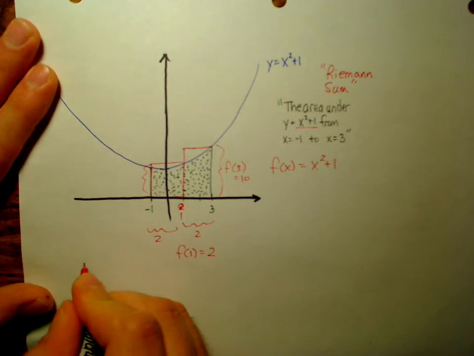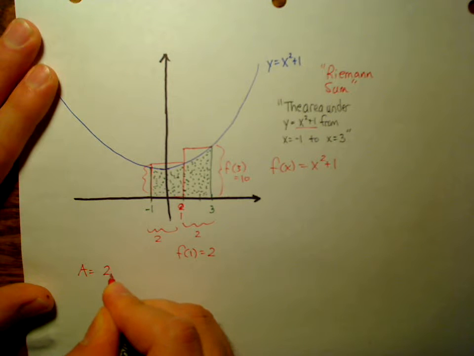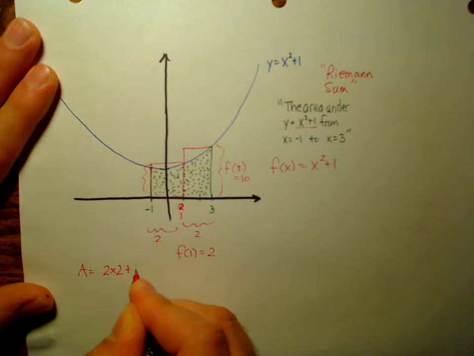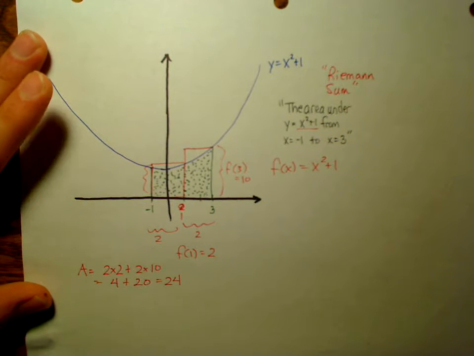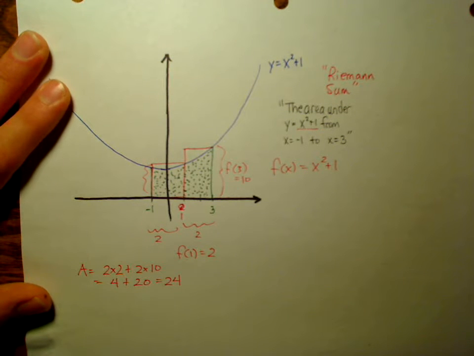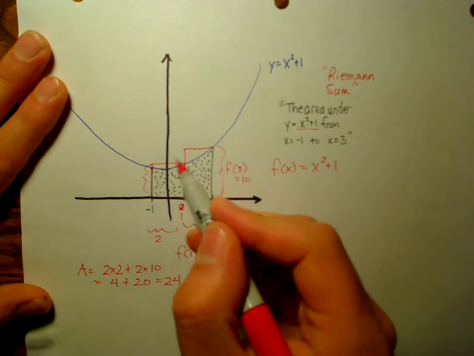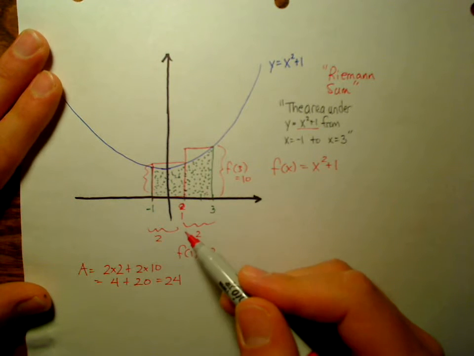So we're looking at a 2 by 2 area plus a 2 by 10 area. So that's 4 plus 20. An estimate of about 24 for that area. That's not a very good estimate, because we got all this overage here. That's definitely too big.